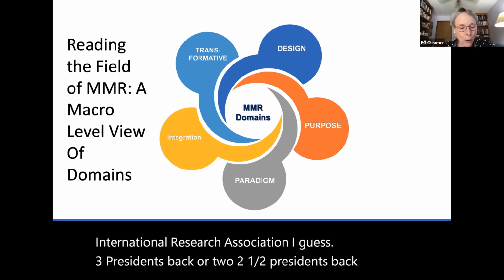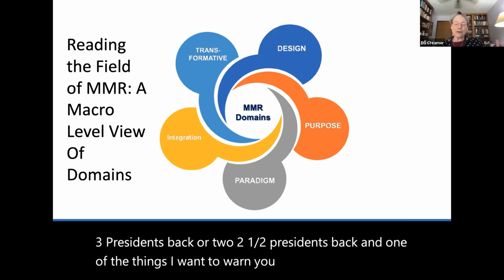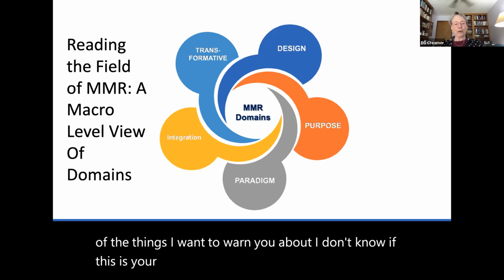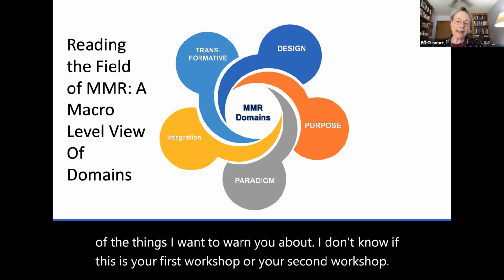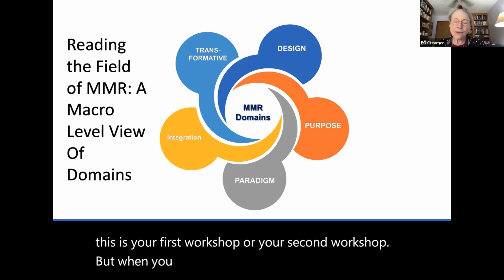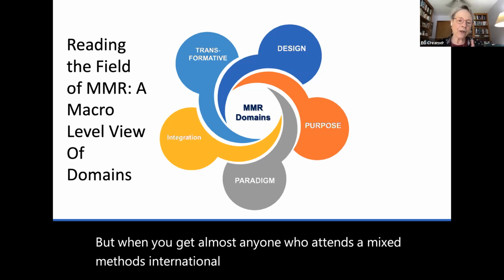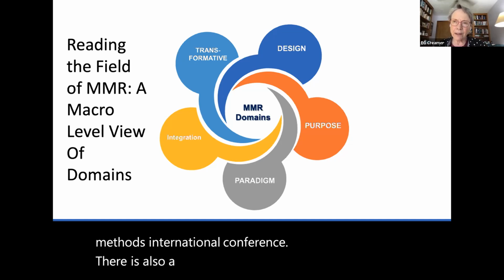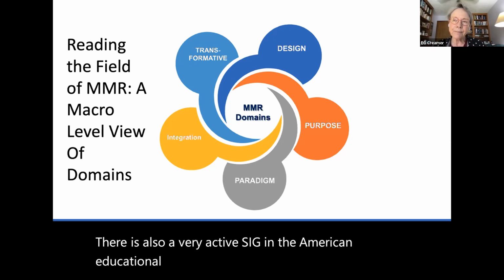And one of the things I want to warn you about, I don't know if this is your first workshop or your second workshop, but when you get almost anyone who attends a Mixed Methods International Conference, there's also a very active SIG in the American Educational Research Association.